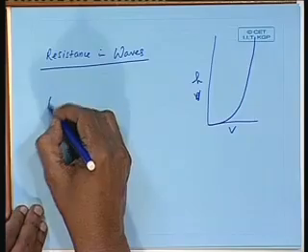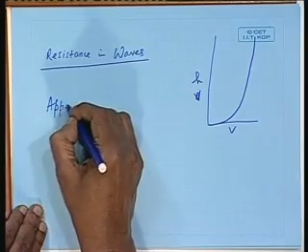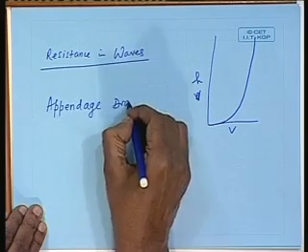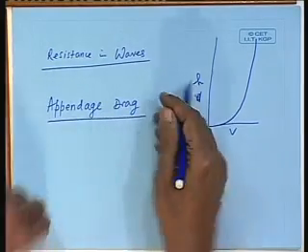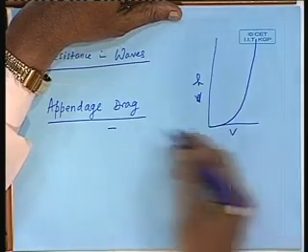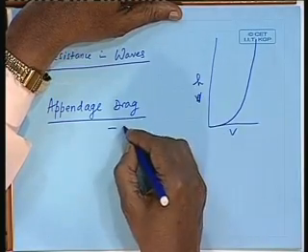We have not talked about the appendage drag. I had mentioned it to you before, but we have not really talked about appendage drag, that is attachments to the ship on the outside of the hull, and typical attachments that merchant ships or conventional ships have. Let us name a few.